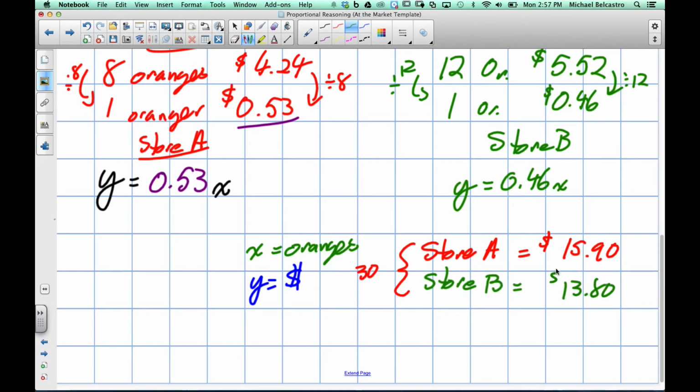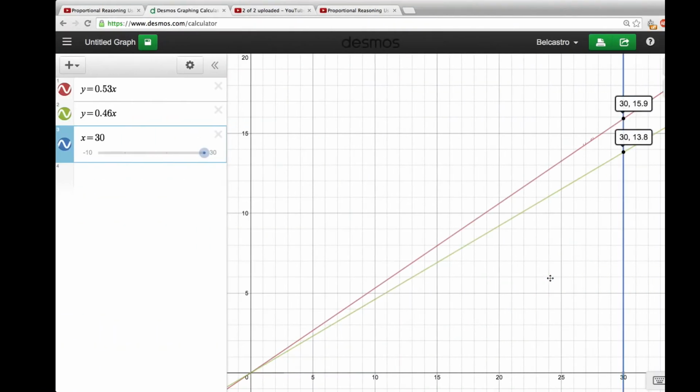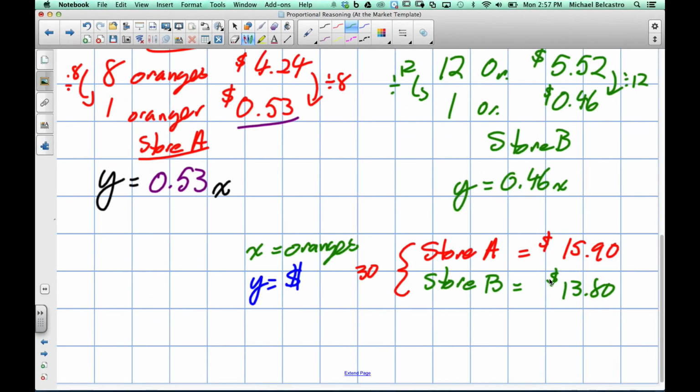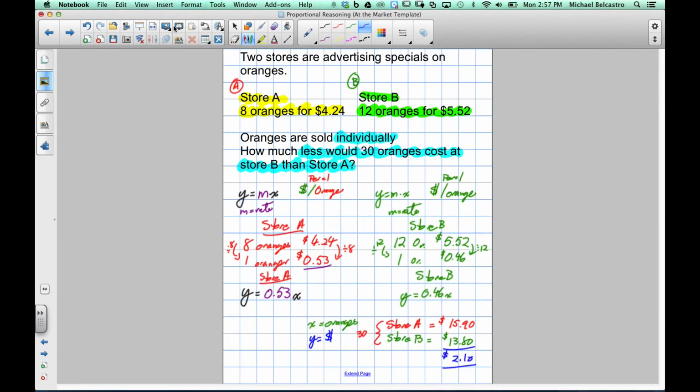I'm just going to go back and double check, make sure those are right. 1590, 1380, perfect. And we're going to subtract these values. So when we subtract these values, okay, we know there's a 10 cents and $2 difference. So we would be saving $2.10 if we decided to purchase our oranges at store B instead of store A.